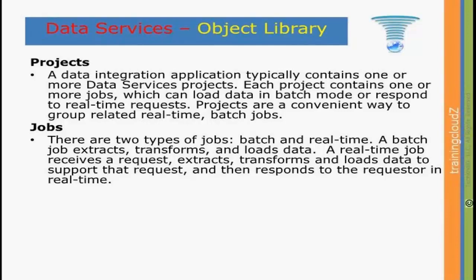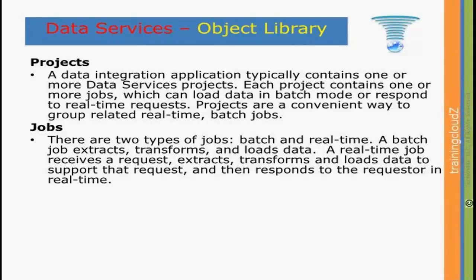A real-time job receives a request, extracts, transforms, and loads data to support that request, and then responds to the requester in real time, which means it will complete the task and send back a response saying the task is executed. That is a real-time job. Whereas a batch job runs based on the schedule you have. It has been scheduled, so at that time, with the parameters you give, it runs.